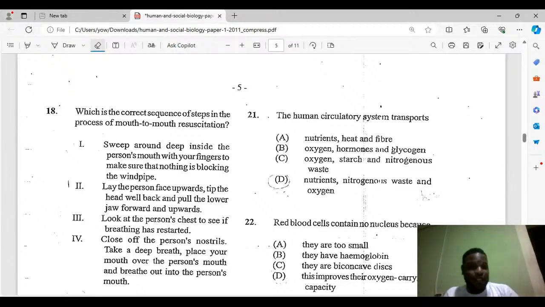You must lay the person face upwards and tip the head well back and pull the lower jaw forward. That's the first thing. What's the second thing? Yes, III is the second thing.